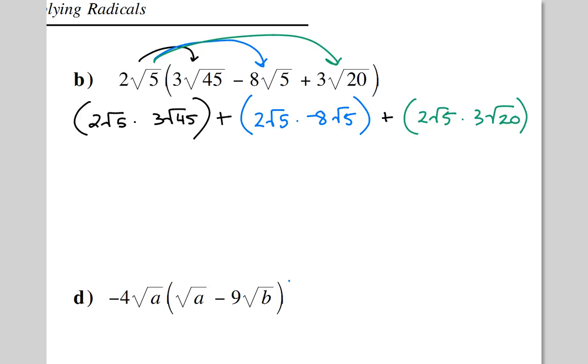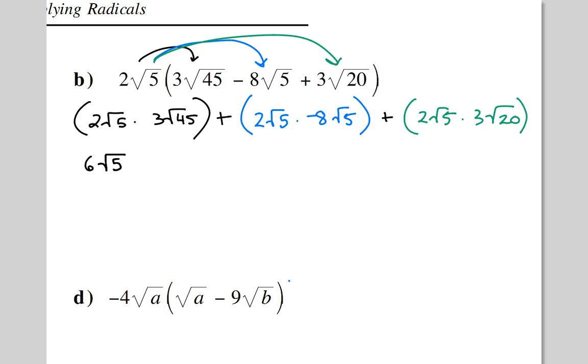What's going to happen with the middle term sign? The sign in the middle will turn negative because it's a positive times a negative. You guys see that? Okay, so first one, 6, and then we have a root 5.